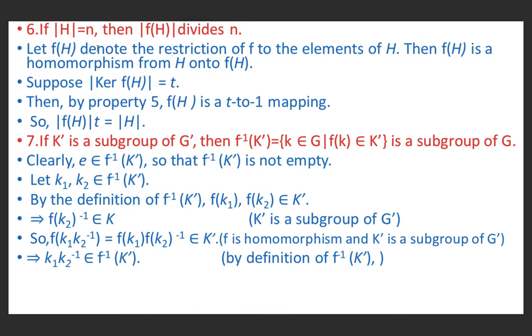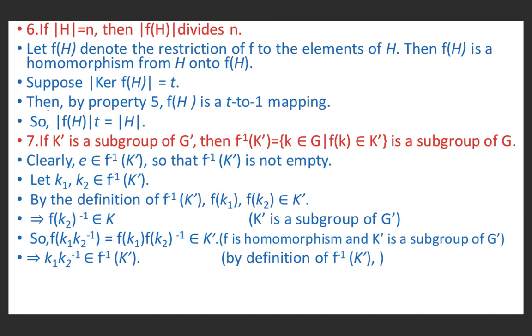If order of H is equal to n, then order of f(H) divides n, meaning order of f(H) divides order of H. Let f_H denote the restriction of f to the elements of H. It means f_H is a homomorphism from H onto f(H). Suppose the number of elements in kernel of f_H is equal to t.